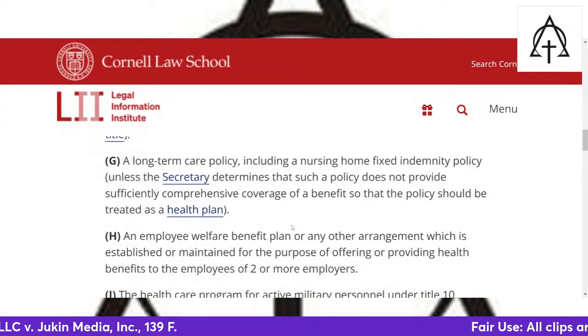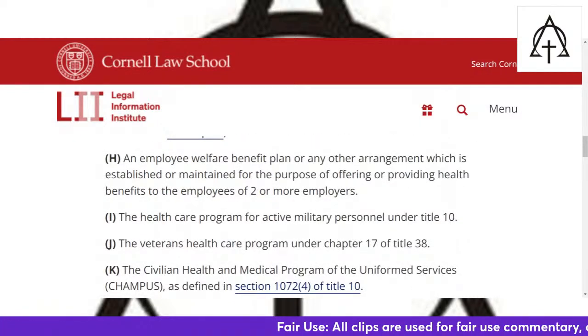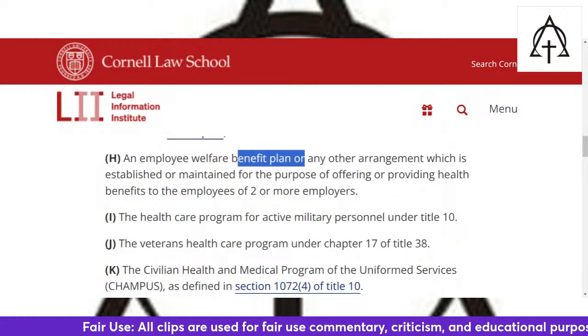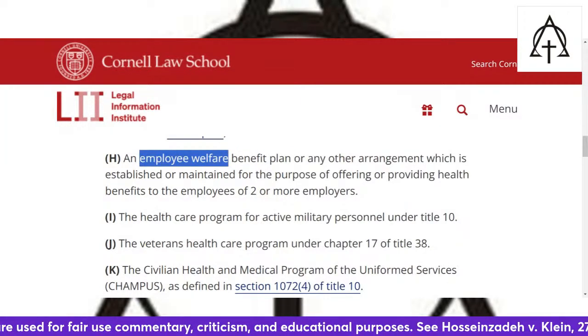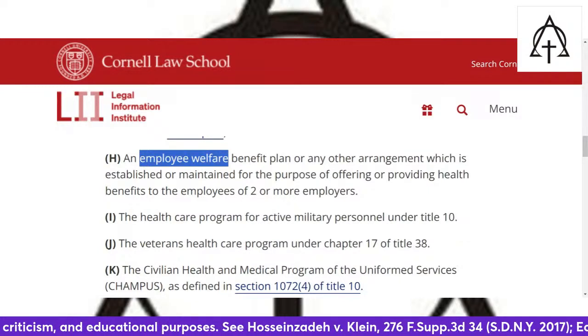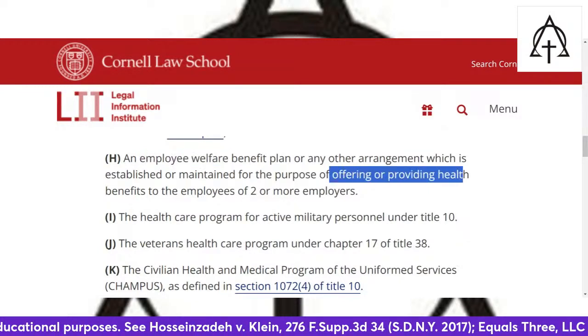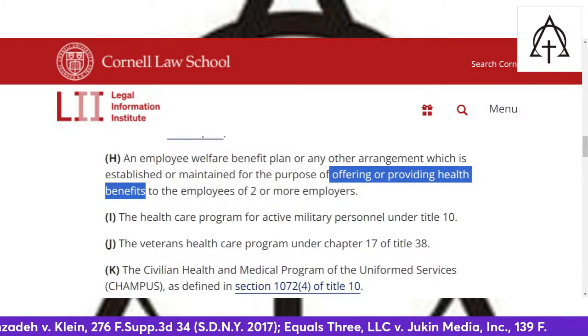Do you understand how little important this really is? Because it doesn't apply. An employee welfare benefit plan, or any other arrangement which is established or maintained for the purpose of offering or providing health benefits to the employees of two or more employers.